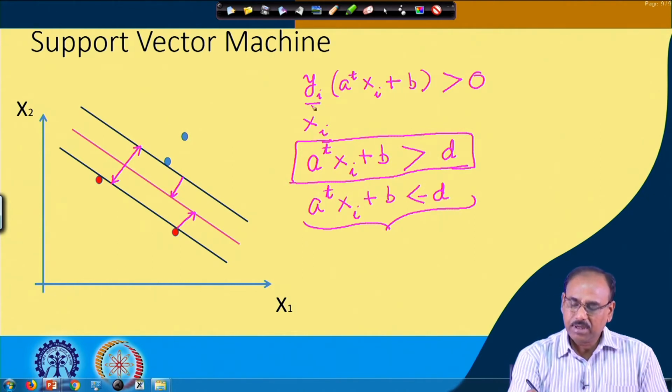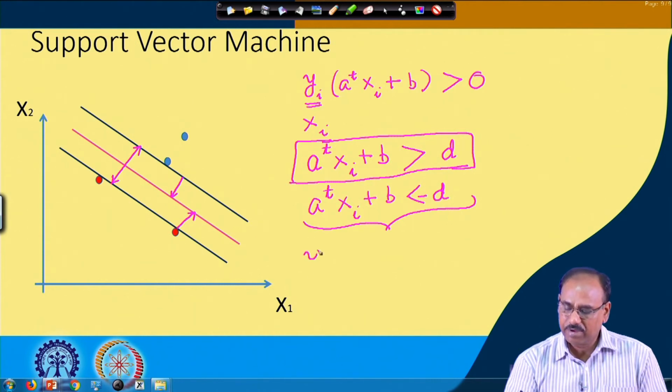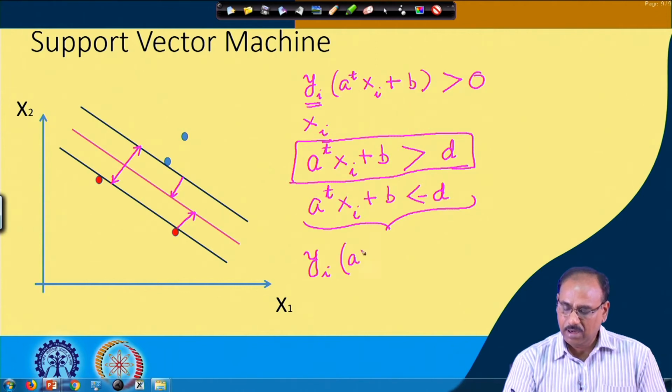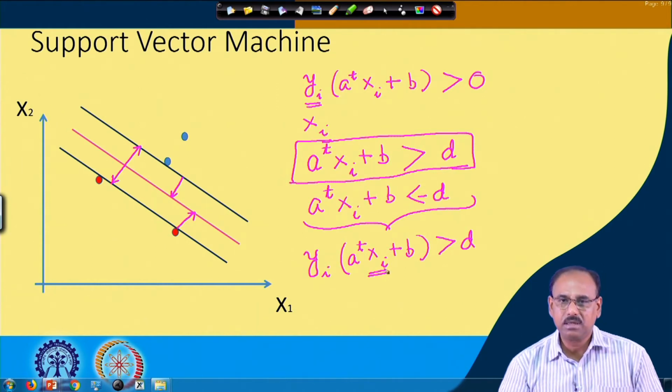By taking this option, I have a uniform criterion, that is, y i times A transpose x i plus b should always be greater than d, irrespective of which class the training sample x i has been obtained from.